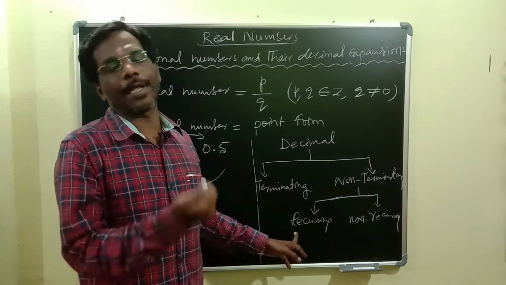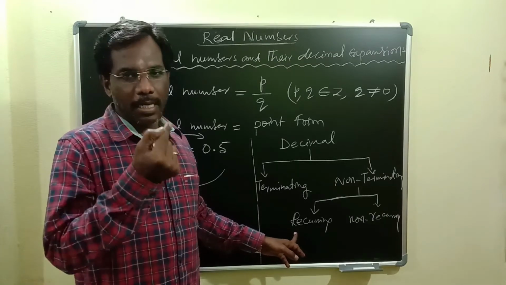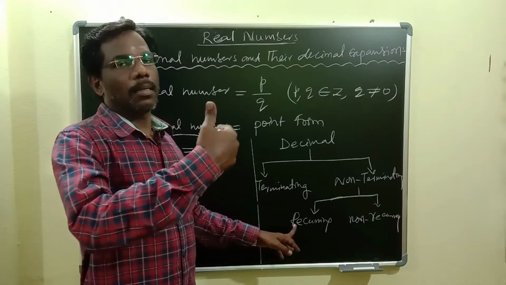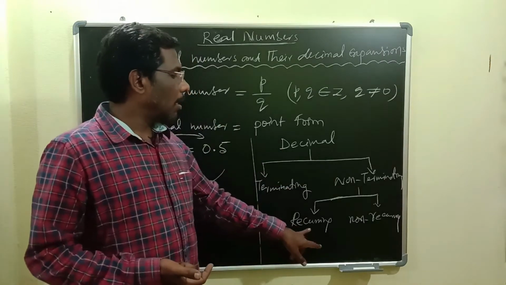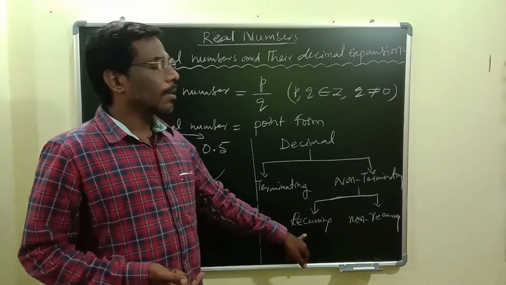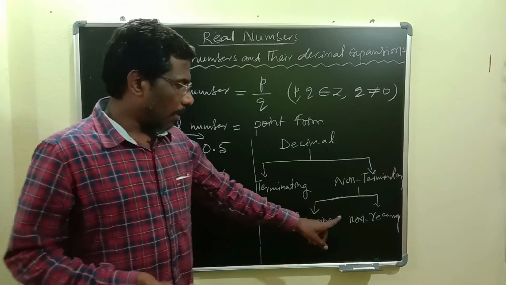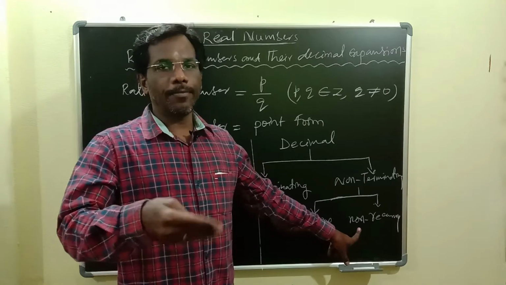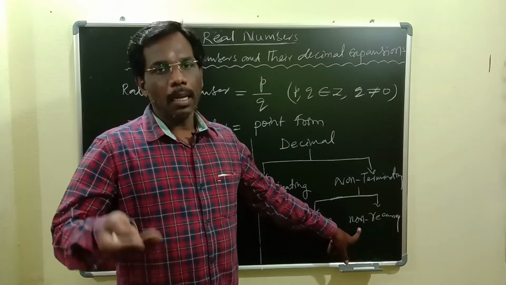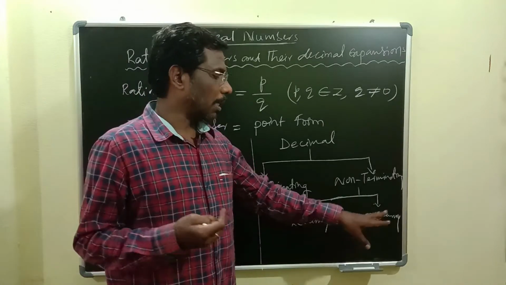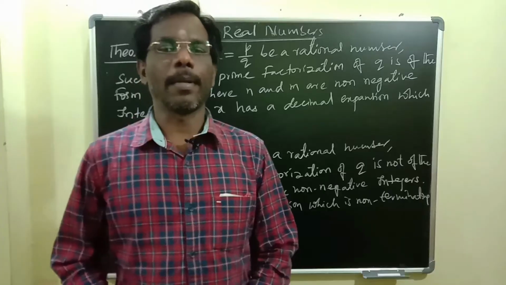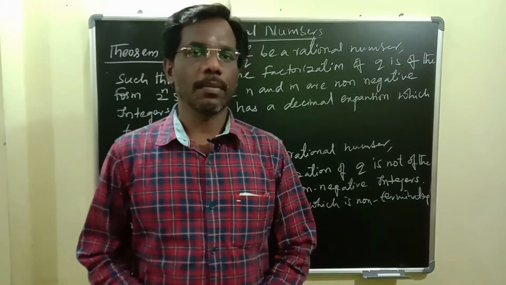Recurring is repeating. After the decimal point, if the numbers keep repeating, that is called recurring decimals. And where the numbers are not repeating and keep coming differently, those decimals are called non-recurring decimals.